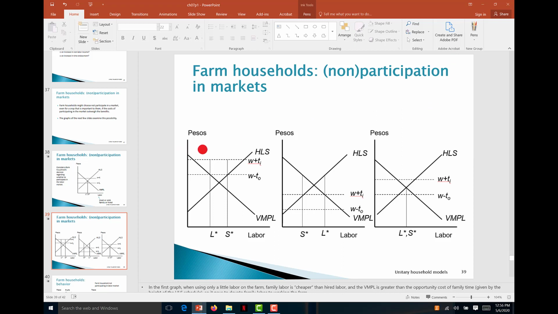To figure out the answer, we need to compare the value marginal productivity of labor with the wage that they would receive if they would offer the labor in the market, net of the transfer cost, so W minus T, in L days per year. The household gains more if they utilize their labor in their own farm, as the value marginal productivity of labor is higher than the wage they would receive at the labor market.